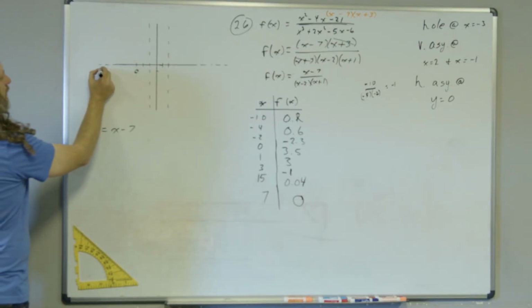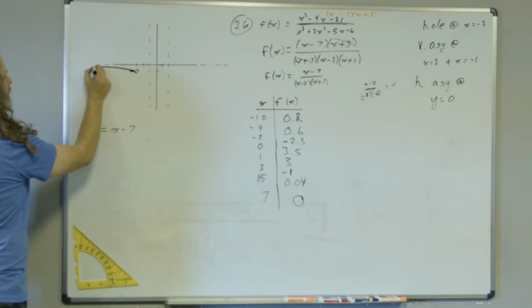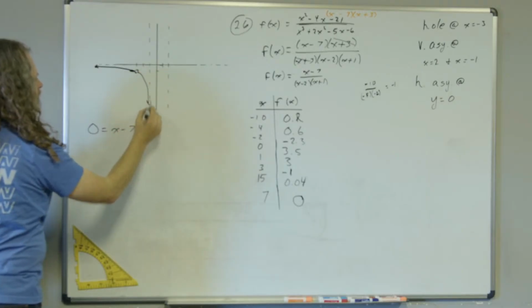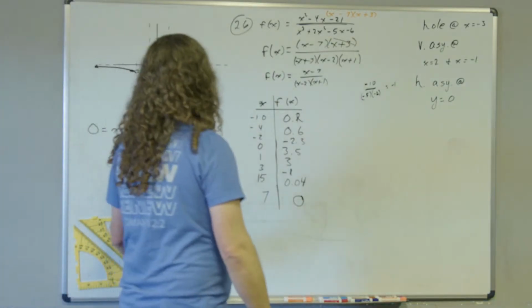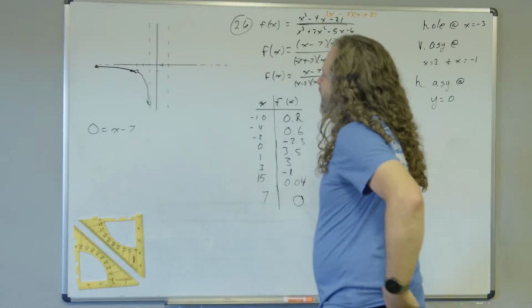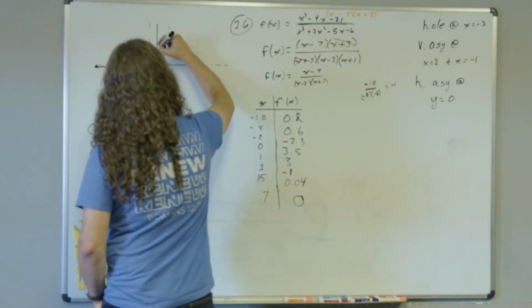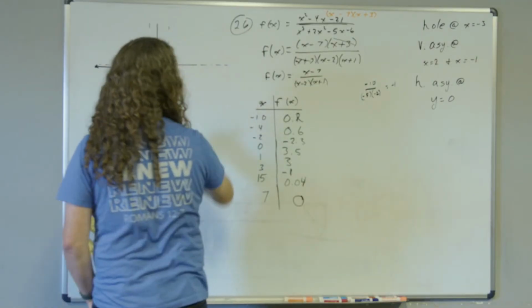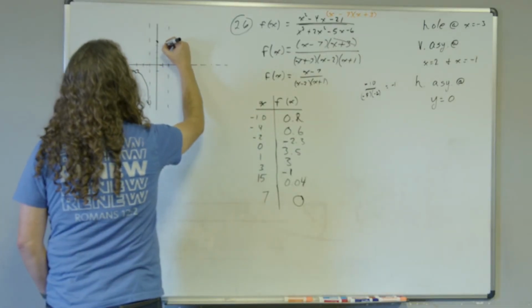So our graph has a hole here, and it's approaching 0, so it's going to go up this way. And then it's going to go down this way, which was another clue because of our hole there. And then we've got 0 and 3.5, and we've got 1 and 3 right here.